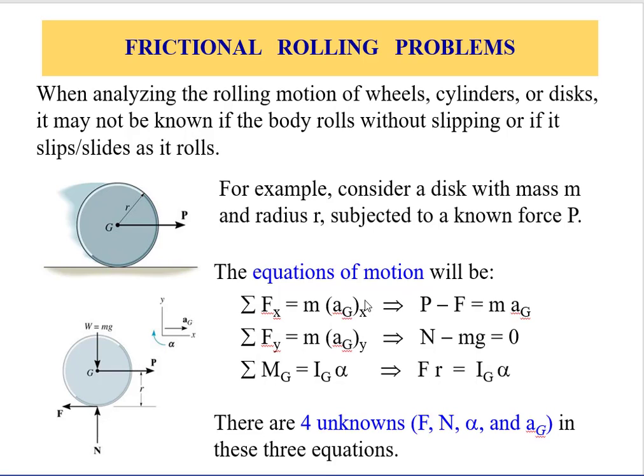Alright, now the equation of motion. First we apply the summation of forces for this entire rigid body to be equal to the mass multiplied by the acceleration along the x direction.